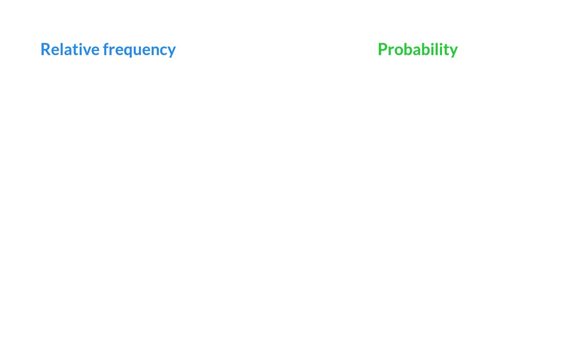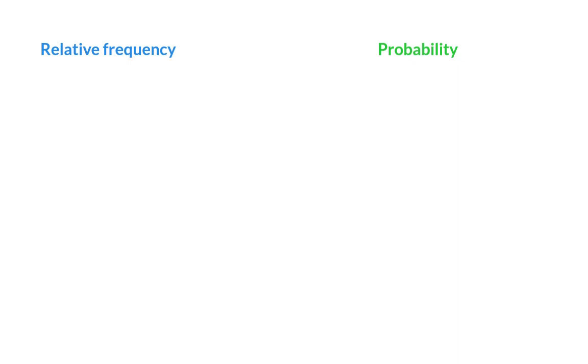Let's have a look at the difference between relative frequency, where we do a calculation after the experiment, and probability, where we do a calculation before the experiment. I'm again going to make use of the example of rolling a dice.